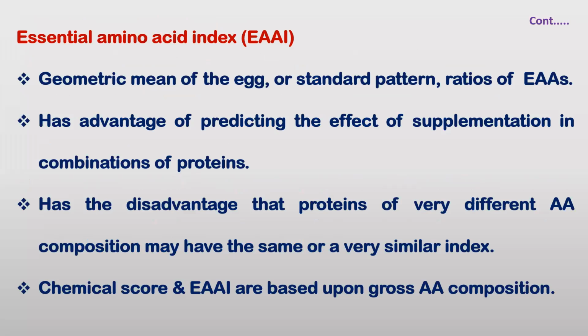After chemical score, we come to the essential amino acid index. What is that? Essential amino acid index is the geometric mean of the ratio of essential amino acids to a standard diet, like egg, a standard pattern. So it is a geometric mean.